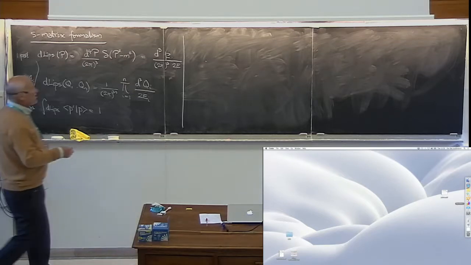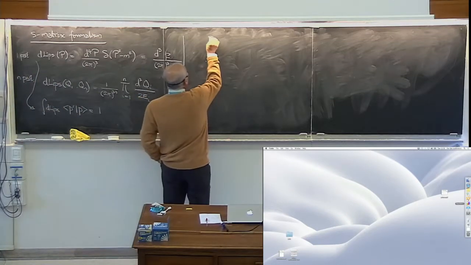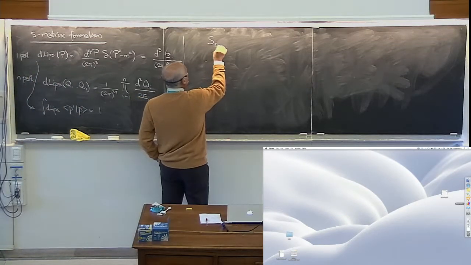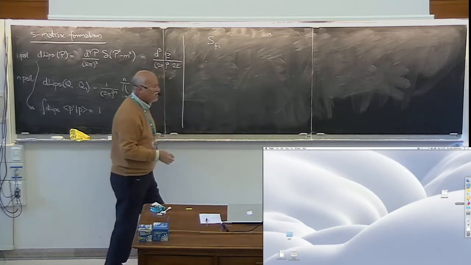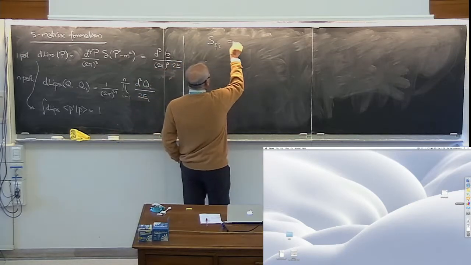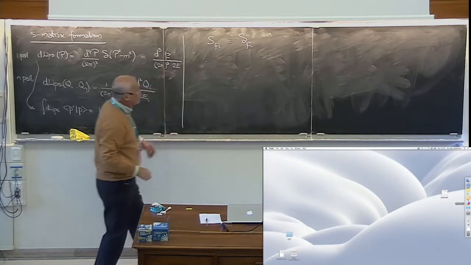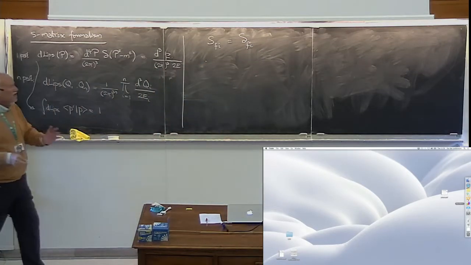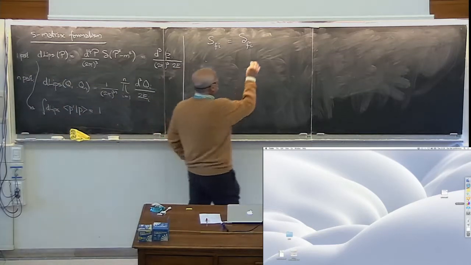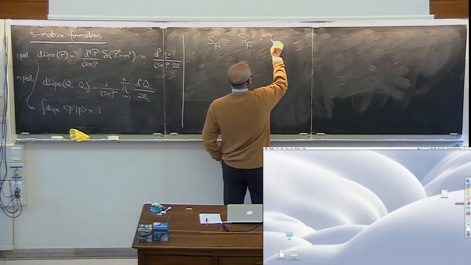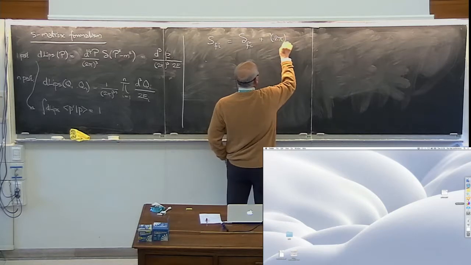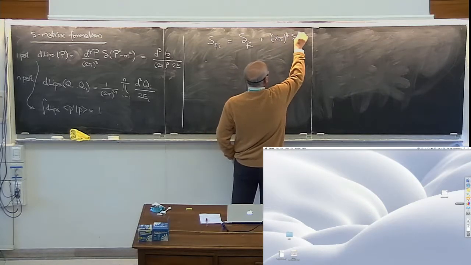So we separate that part out, and we write the S matrix element going from some initial state to some final state as being a term which has the initial state going to the final state and nothing happening at all, plus a piece which depends on the transition, namely an interaction has taken place.